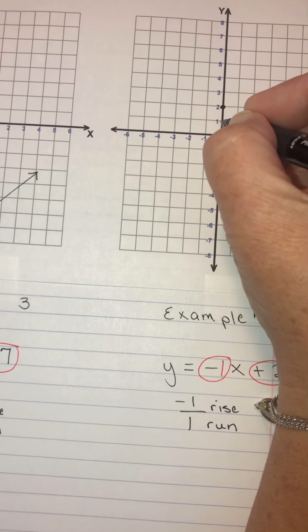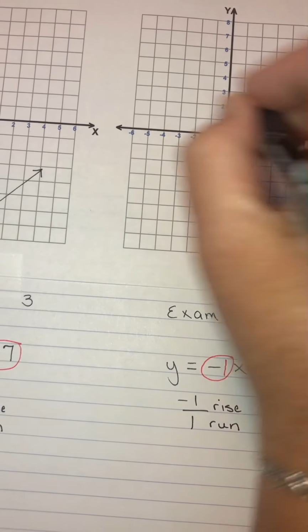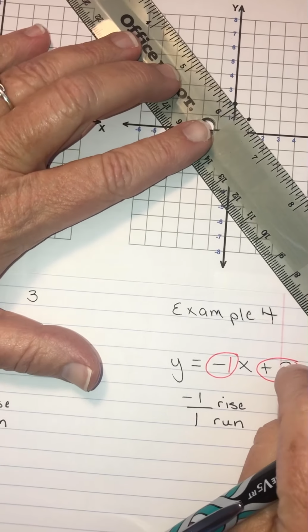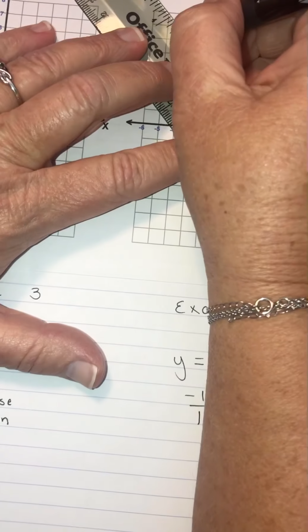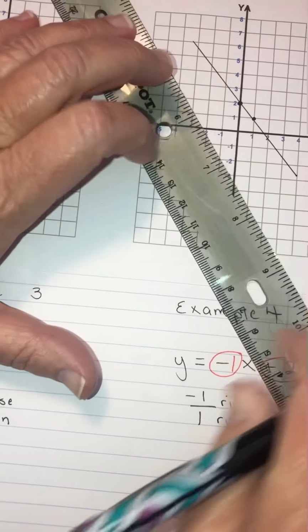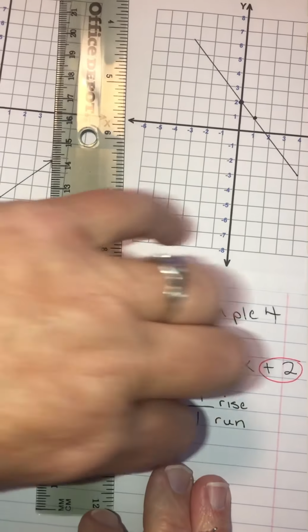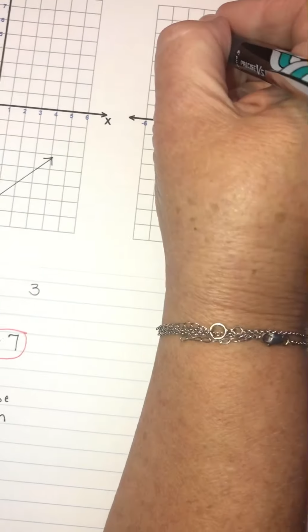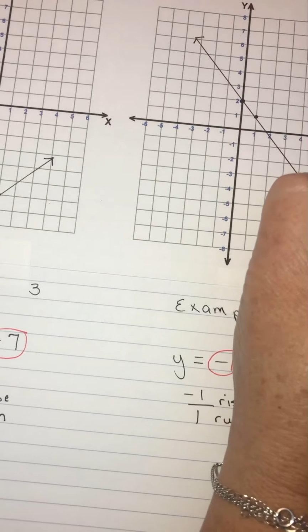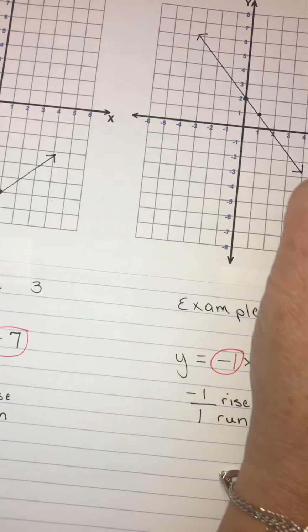And the reason why I'm dropping is because it is a -1. And then again, you take the straight edge, you draw your lines, and then you put your arrows on them. And that is how you graph using the slope-intercept form.